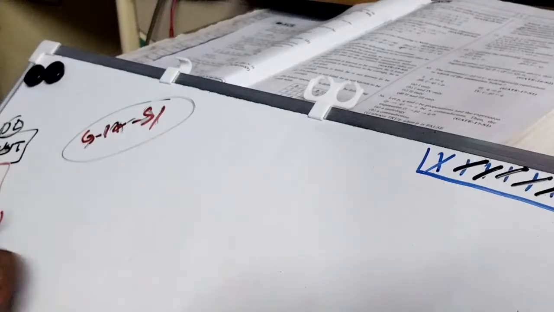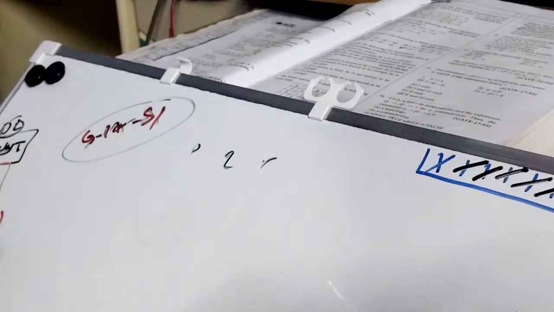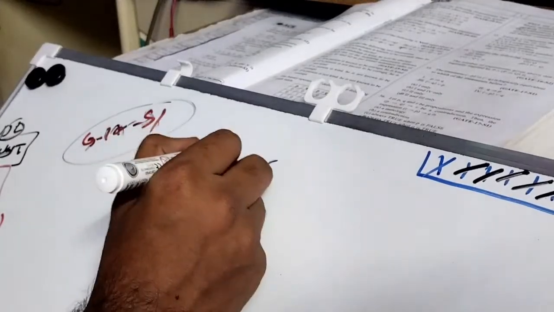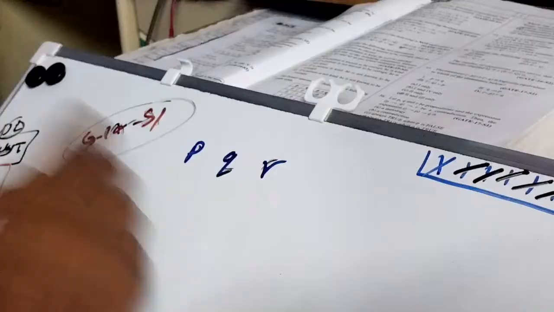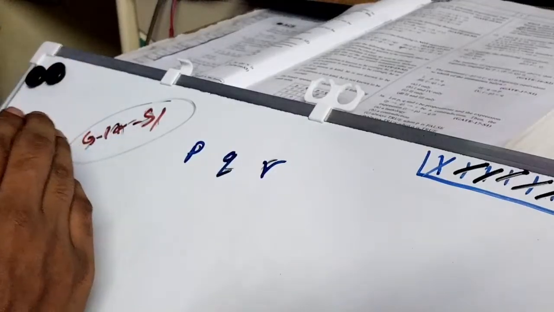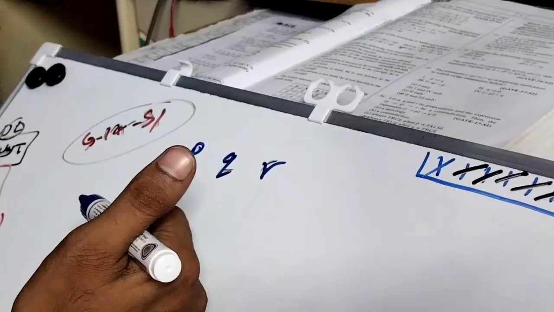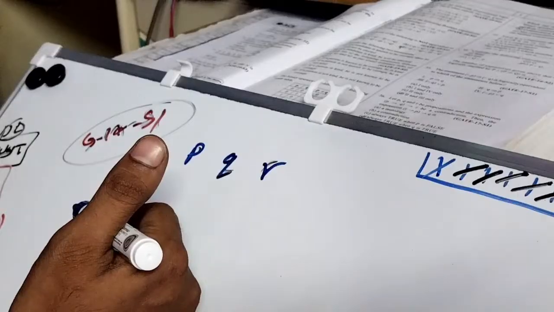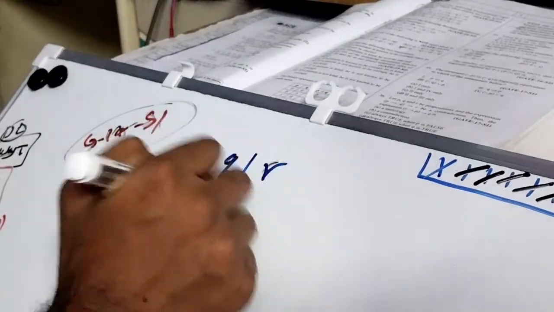Okay, they have given P, Q, R as variables. They gave exactly two. Exactly two. So it is not at most, it is not at least, that's a different thing.